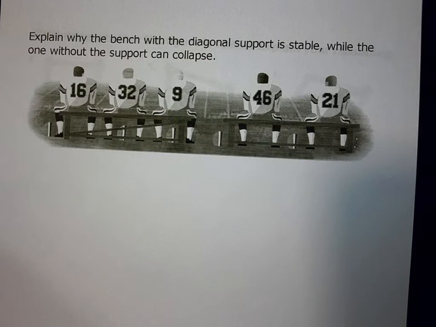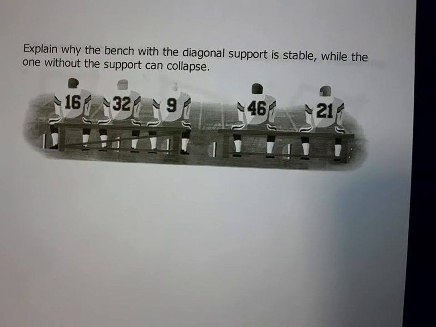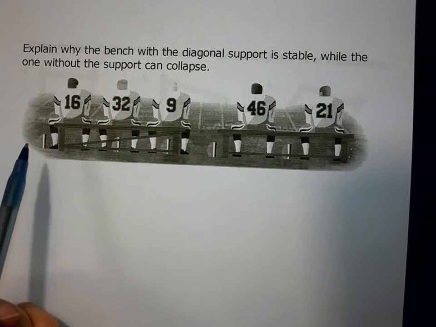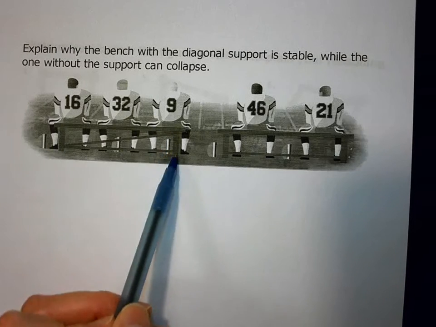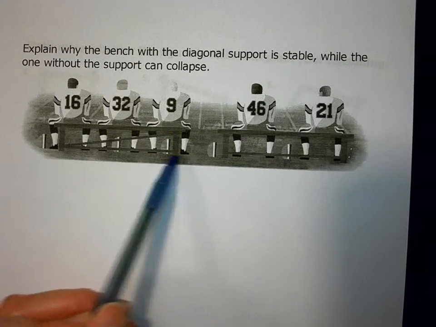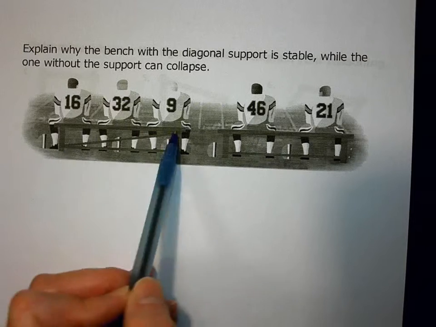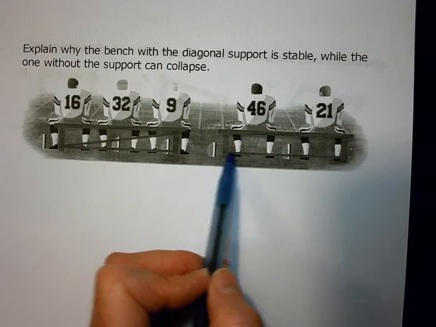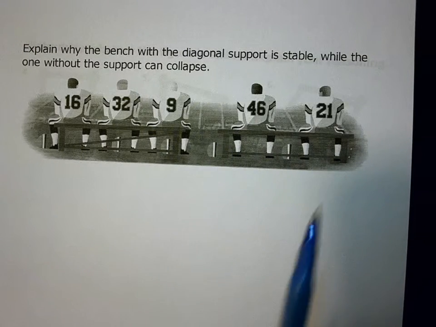Okay, just a little picture type thing. It says explain why the bench with the diagonal support is stable while the one without the support can collapse. So here's the bench. I don't know if you can see it, the picture's a little dark. Here's the diagonal supporting this bench, and then we have another bench over here that does not have a diagonal.